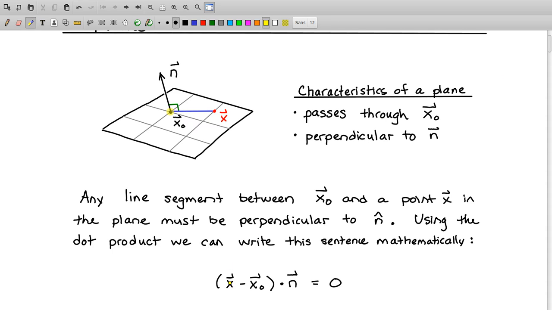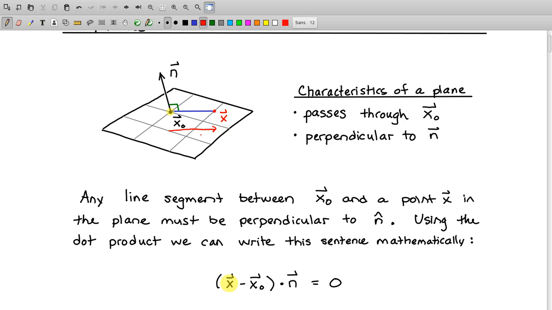Here is any point in the plane, x, the coordinate vector x, y, z. And then this is the point x naught, which is a specific point in the plane. And the difference between those two vectors is the line segment from x naught to x, this blue line here.